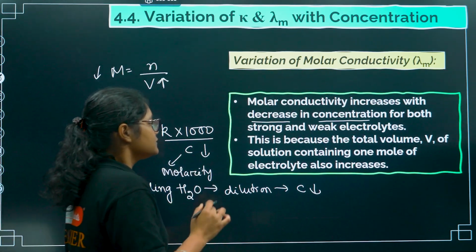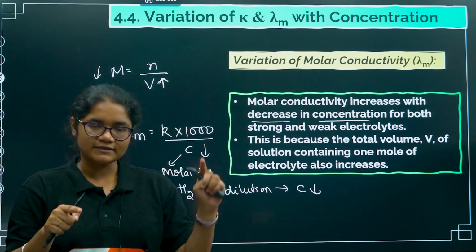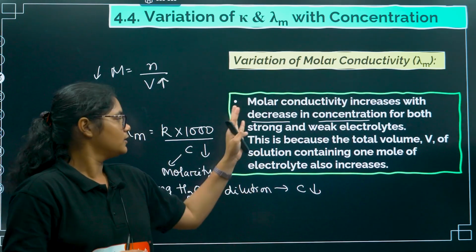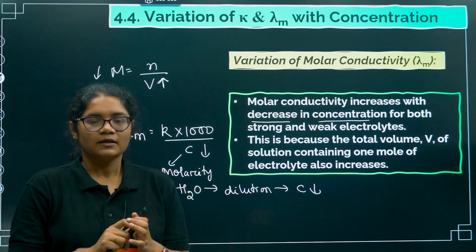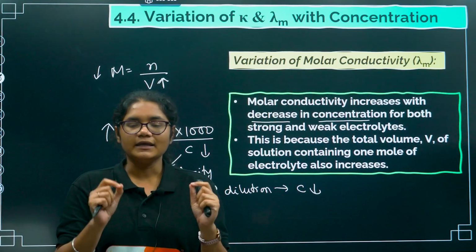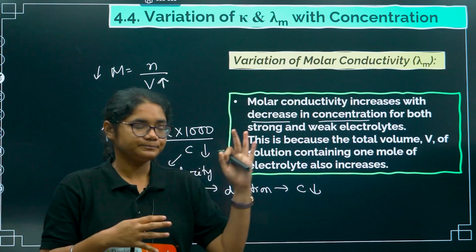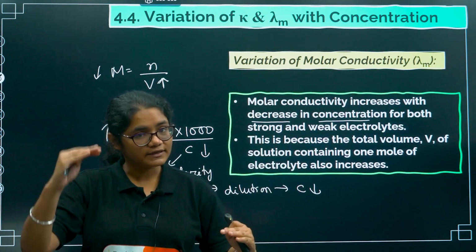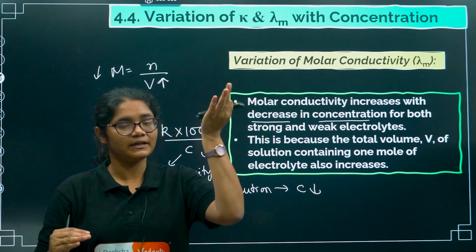Very simple one. So remember, kappa decreases if concentration decreases, but molar conductivity increases, right? So once again, if your concentration decreases, kappa will decrease. If concentration decreases, molar conductivity will increase.